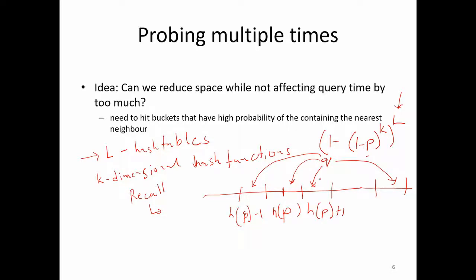Now the question is, if we don't find enough number of points in this bucket, can we also probe its nearby buckets? That way we don't have to create many of these hash tables. Our aim here is to reduce the number of hash tables.